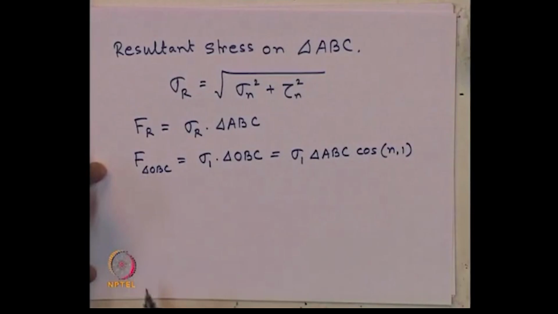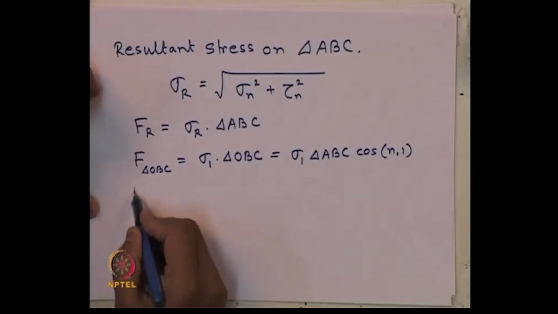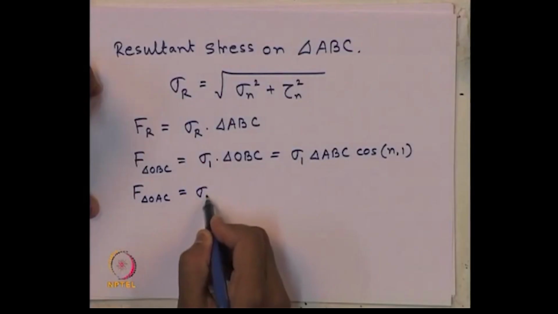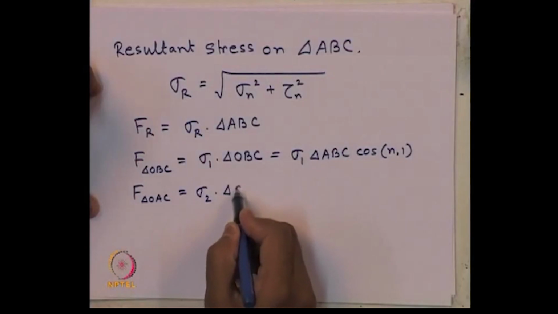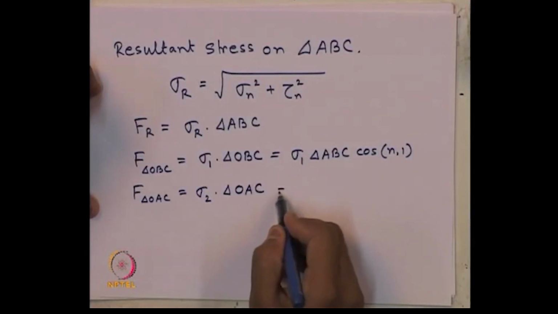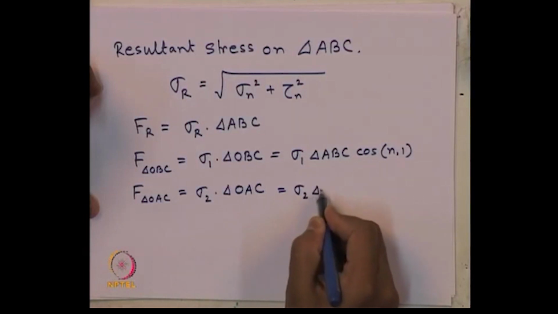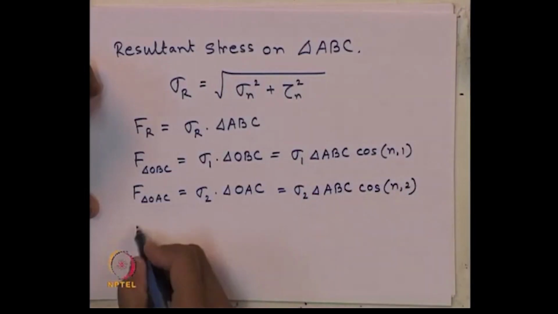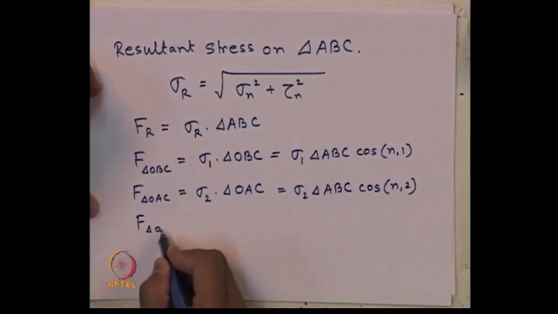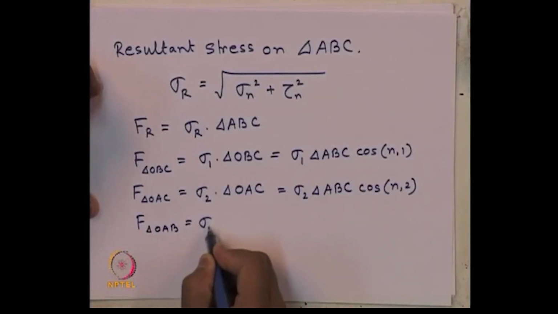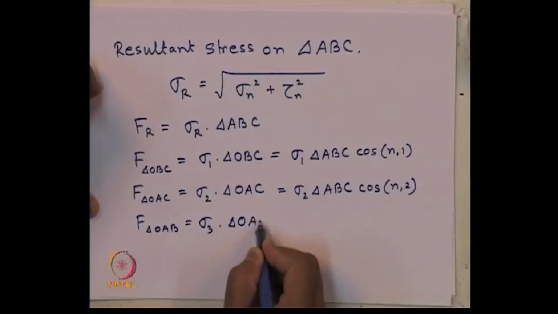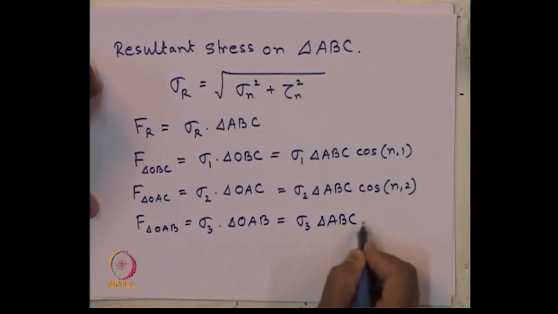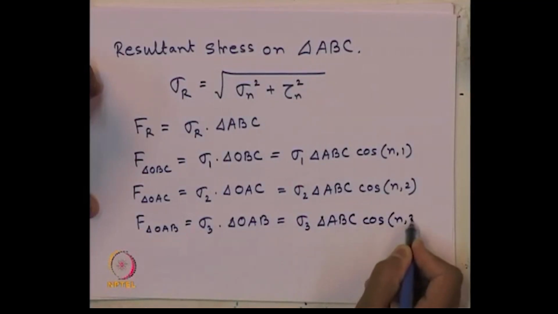Similarly, the other two we can also write. The force acting on OAC is sigma 2 times OAC, which is sigma 2 ABC cosine of n2, and on area OAB it is sigma 3 times OAB, which is sigma 3 ABC cosine of n3.